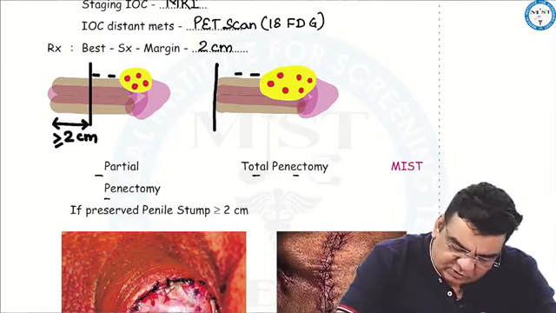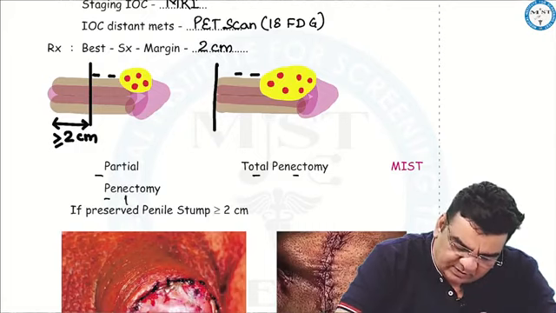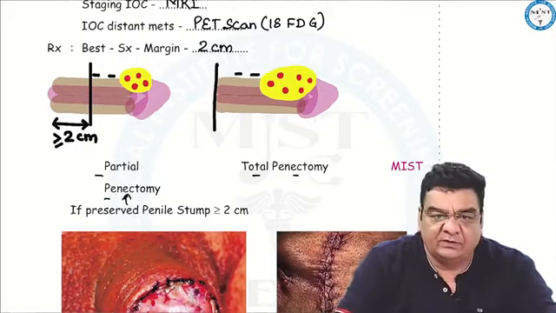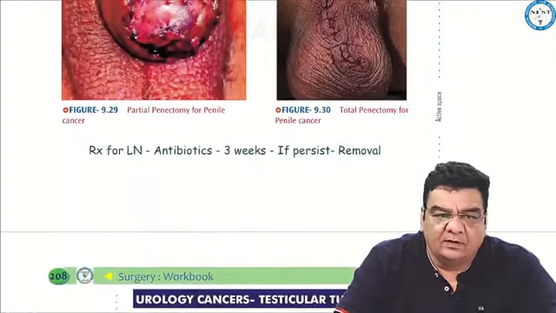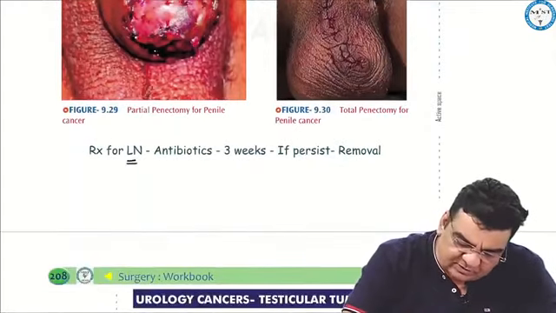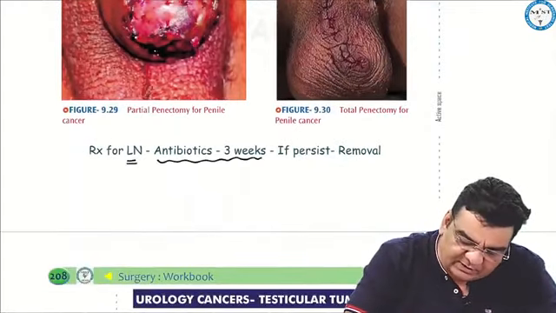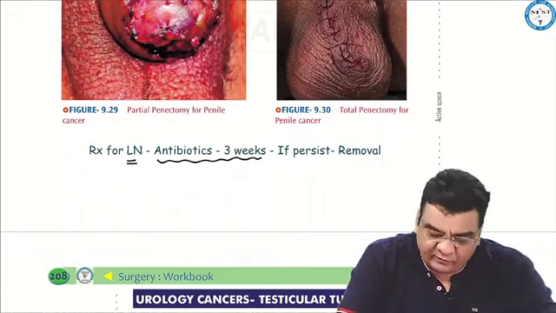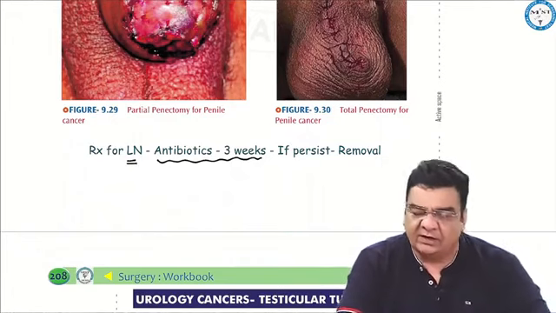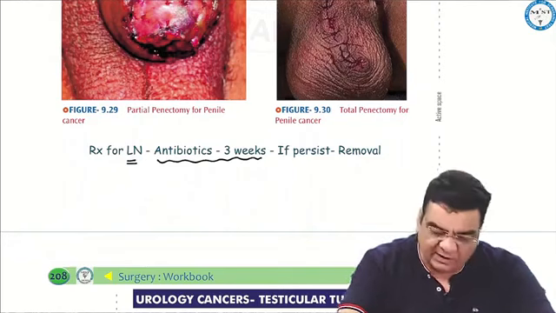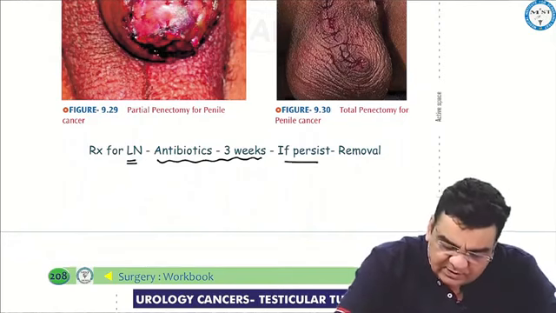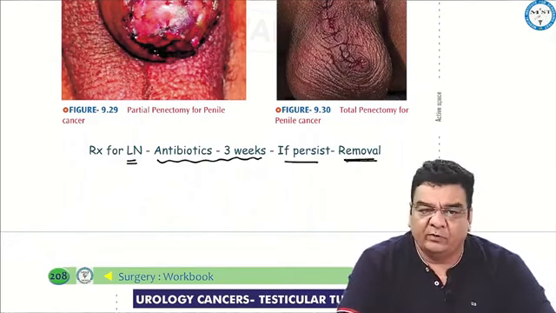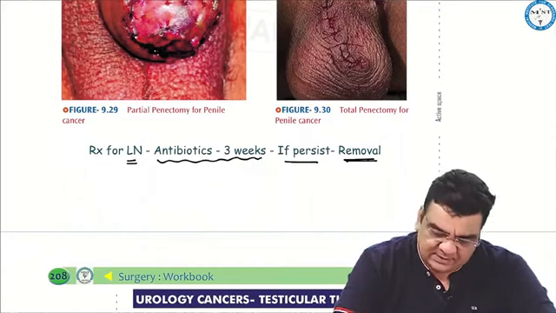If the preserved penile stump is 2 or more than 2 centimeters, then we go with partial penectomy. For lymph nodes, we give antibiotics for 3 weeks. If the lymph nodes do not regress, that means they are enlarged not because of infection but because of the tumor, so we go ahead with removal of those lymph nodes.